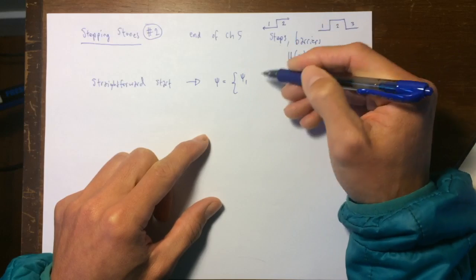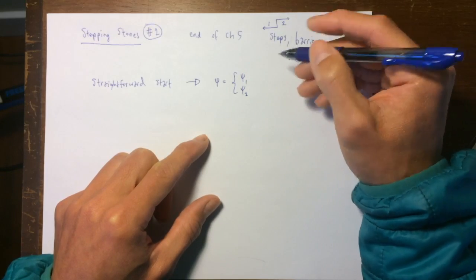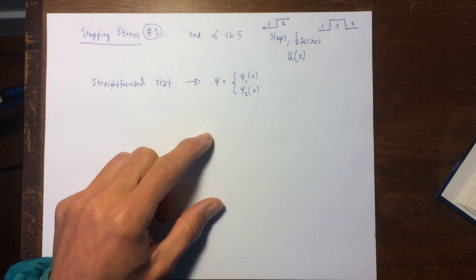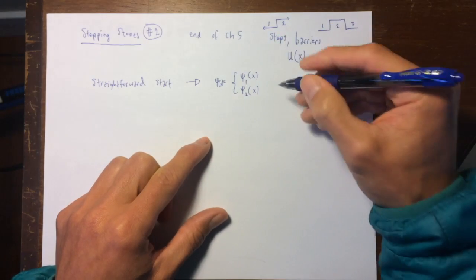It's psi 1 in region 1 and psi 2 in region 2. And these are simply the wave function as a function of x.